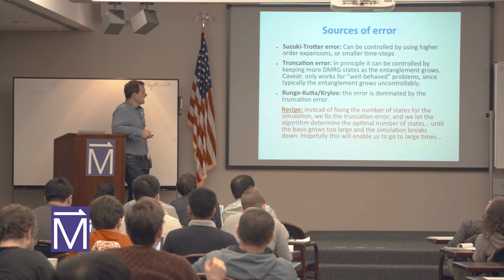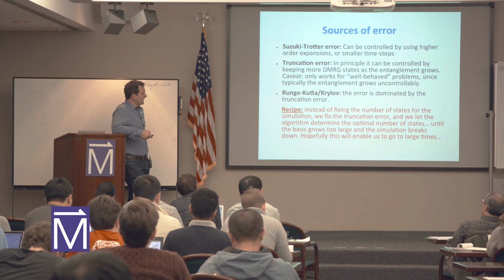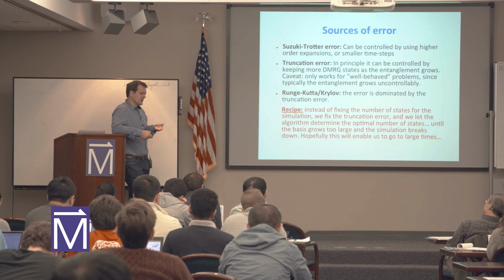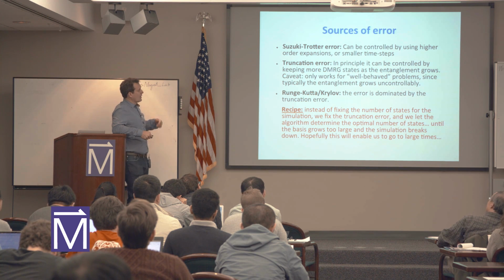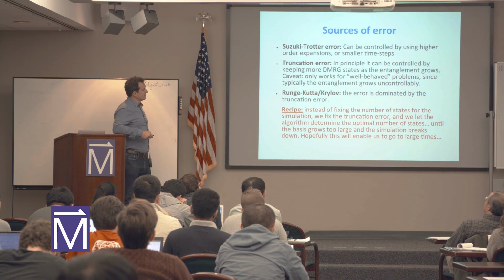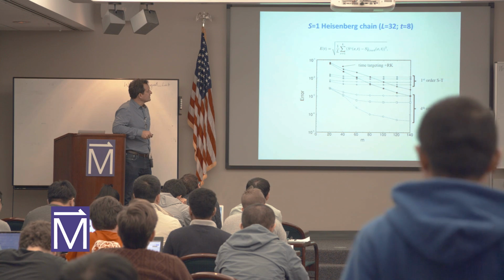And if you do that, you'll find that the number of states that you need to keep grows in time, typically. So at some point, your simulation will blow up. But while it works, the entire evolution is going to be dominated by just what kind of decomposition you use for the evolution operator. And this is something that I show here.